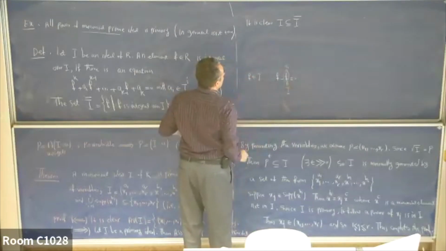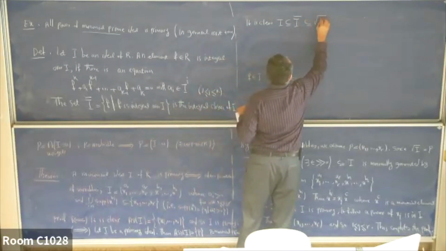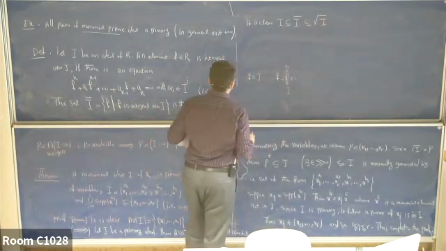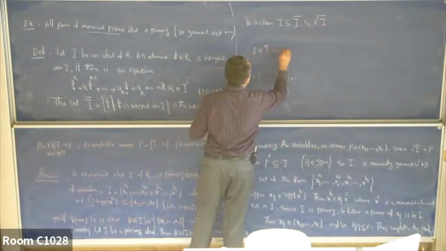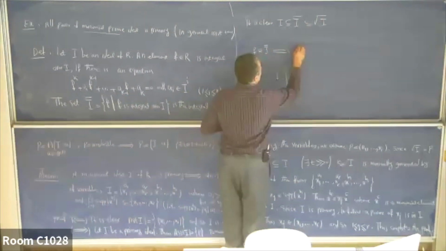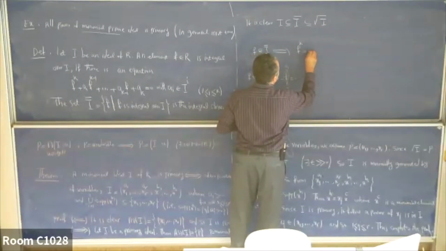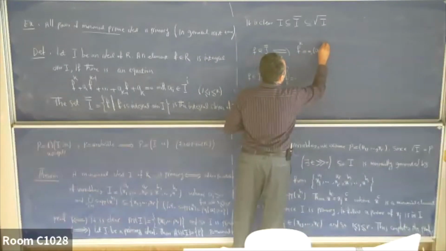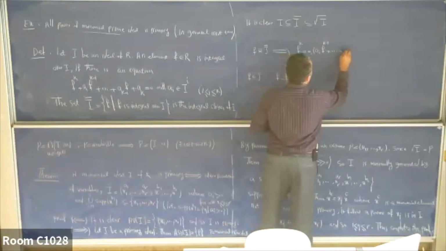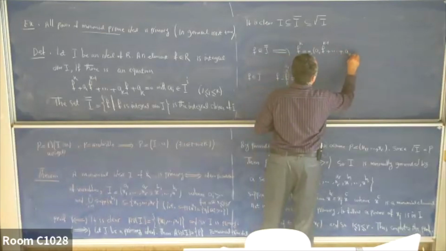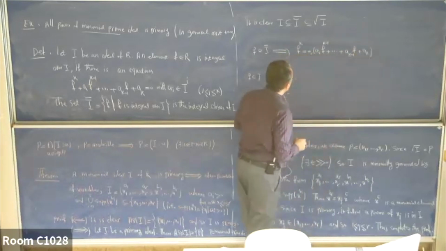So I is contained in the integral closure, which is contained in the radical of I. When we have f in I bar, we have these equations, so f^k equals minus a_1 f^(k-1) minus ... minus a_k.